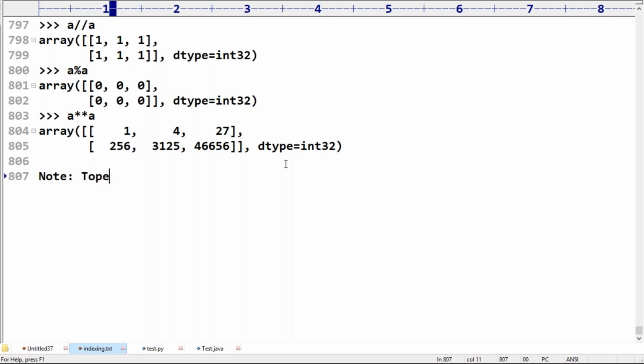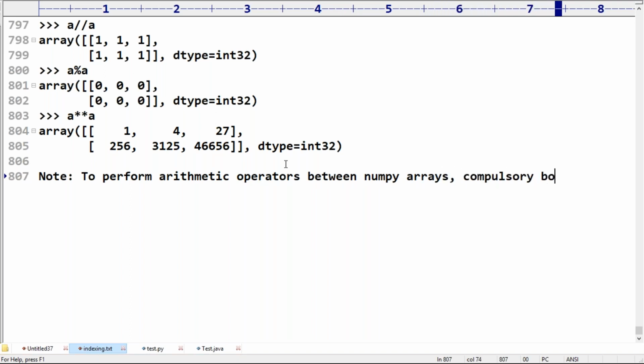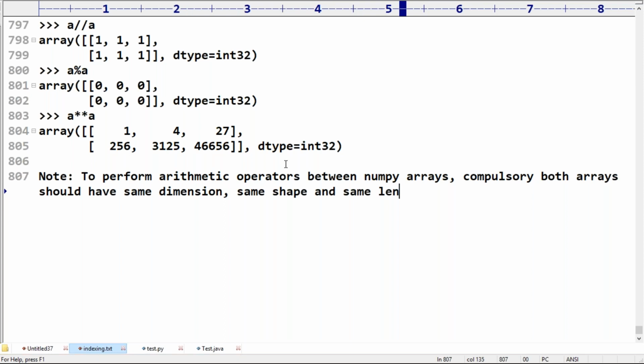To perform arithmetic operators between NumPy arrays, both arrays should have the same dimension, the same shape and the same length.